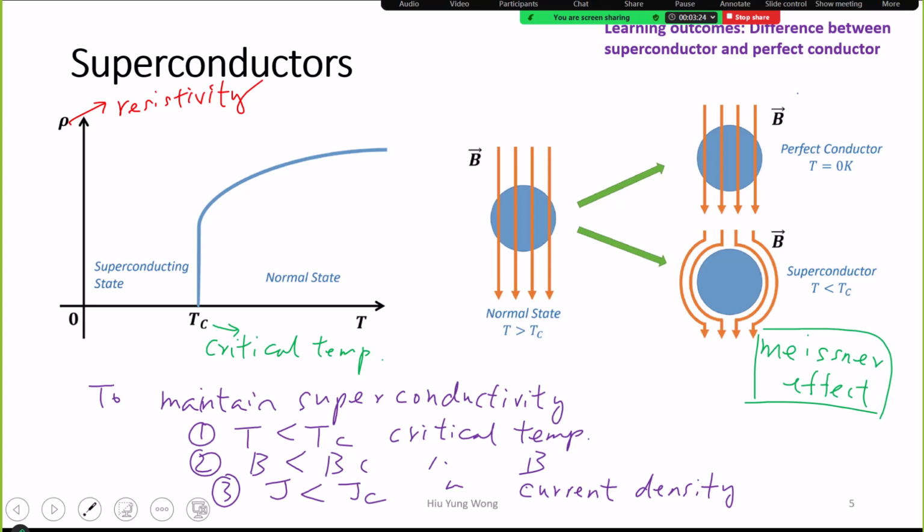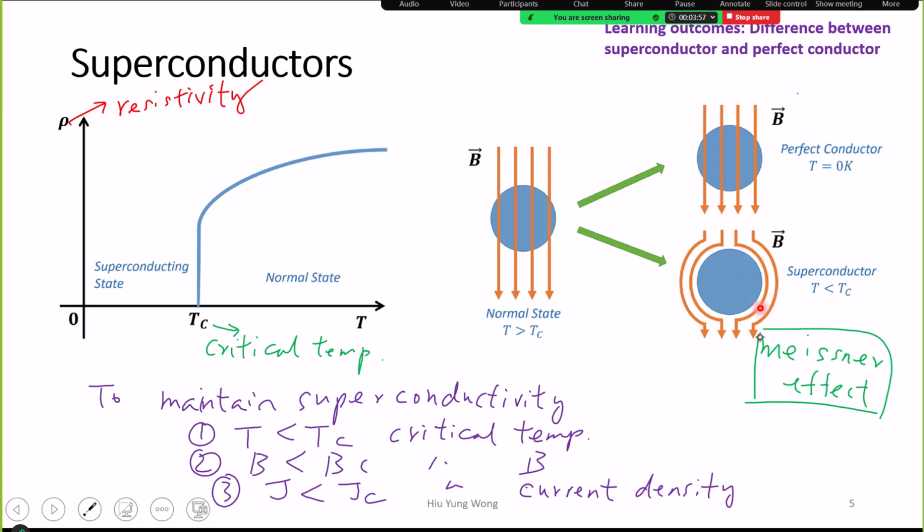But this is not the definition of a superconductor. Superconductor has this behavior, but more importantly, it will expel all magnetic field inside it, and that's called the Meissner effect. For example, when you are at normal state at high temperature, larger than the critical temperature, if you try to reduce the temperature to 0, if it is a regular perfect conductor, which means it has 0 resistivity, the magnetic field will stay inside.